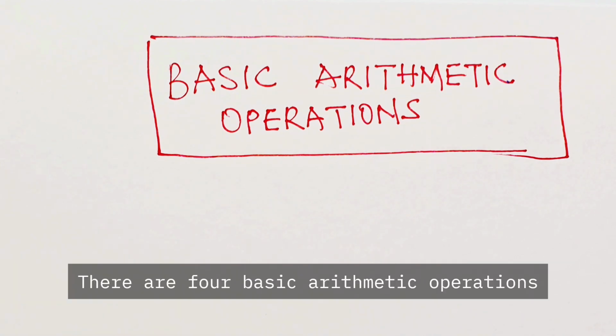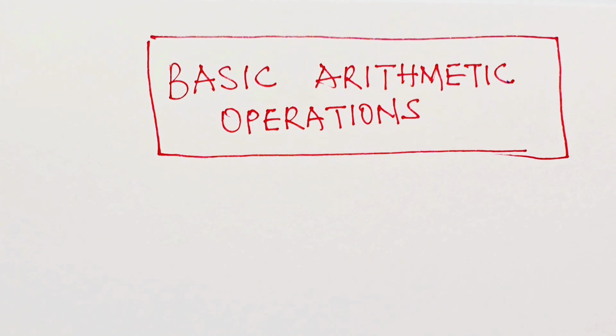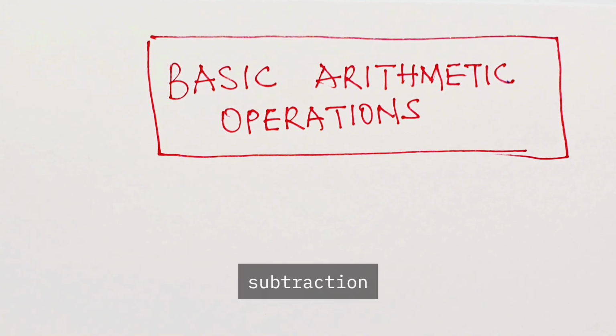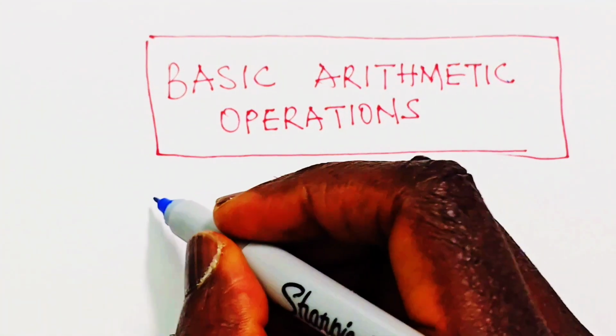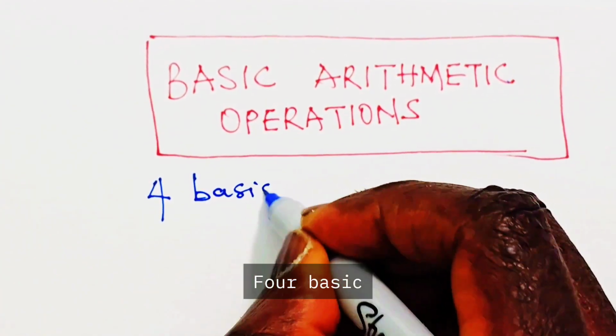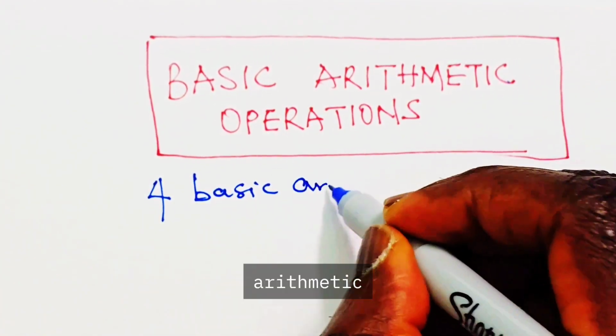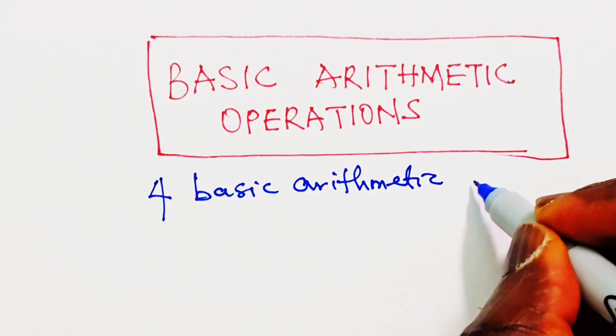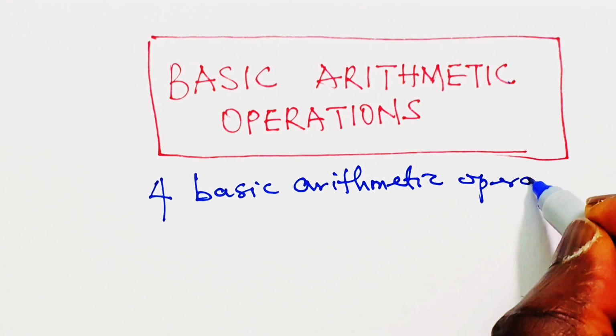There are 4 basic arithmetic operations. These include addition, subtraction, multiplication, and division. These are the 4 basic arithmetic operations.